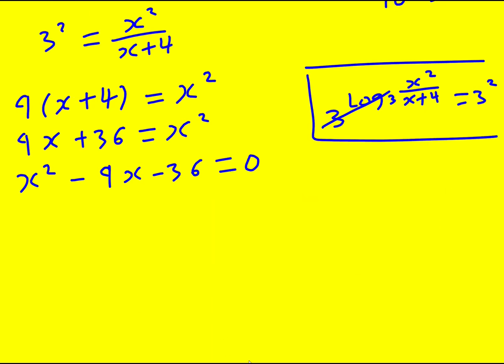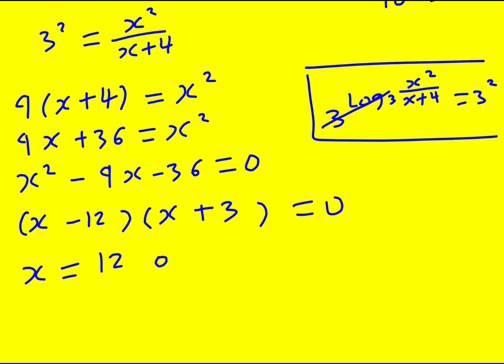And now we seek to factorize it. So times to give minus 36, add to give minus 9. It's going to be 12 and 3. So x minus 12 and x plus 3. That will work. Therefore, x is equal to 12 or minus 3.